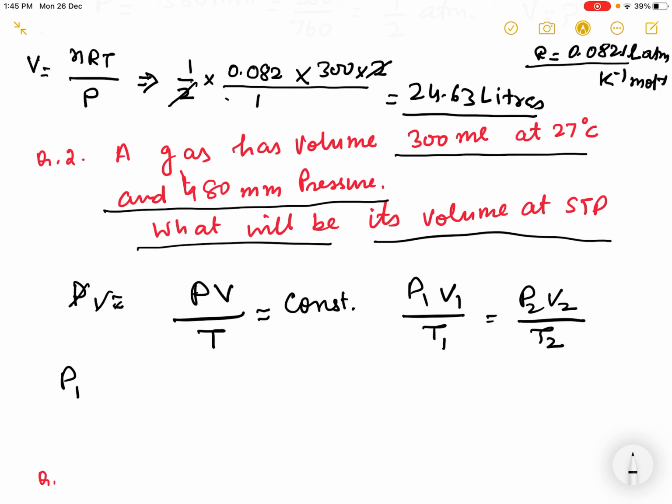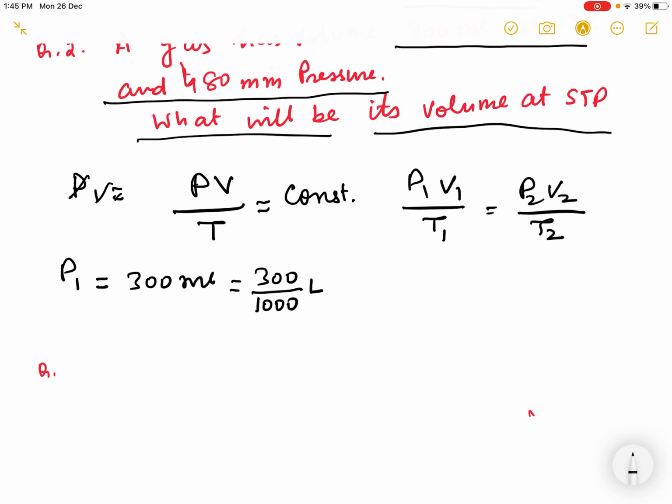Here V1 is equal to 300 ml, and if we convert it into liter, then it is 300 divided by 1000 liter.